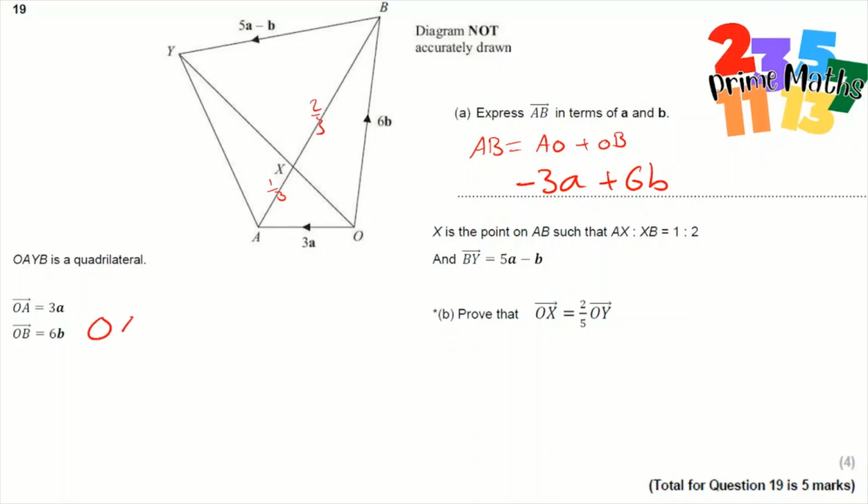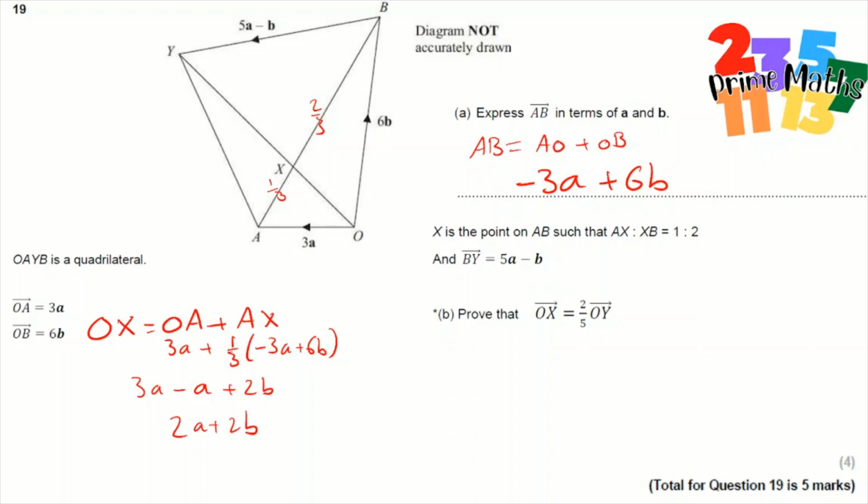To find O to X is O to A plus A to X. O to A is 3A and A to X is a third of A to B, which we've already worked out as minus 3A plus 6B. If I simplify this, we get 3A minus A plus 2B, which is 2A plus 2B.